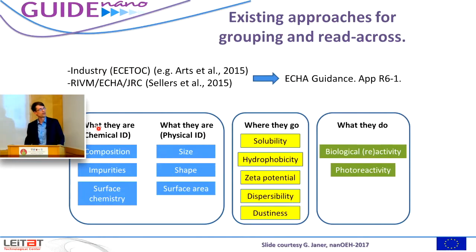Having chemical identification and physical identification is a good overlap, except that we don't use surface area here, but that's okay. And then a description of where they go and what they do. And we think most of these properties can actually be measured in sufficient reliability to use them for similarity assessments.